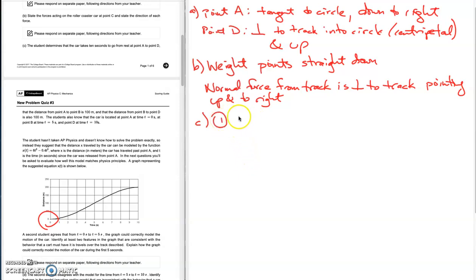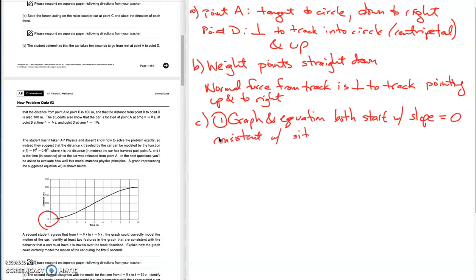So point number 1 is the graph and equation both start with slope equal to 0, consistent with the situation that the car starts at rest.